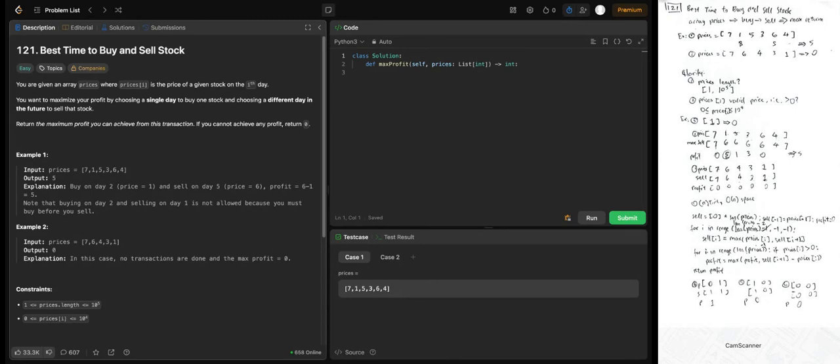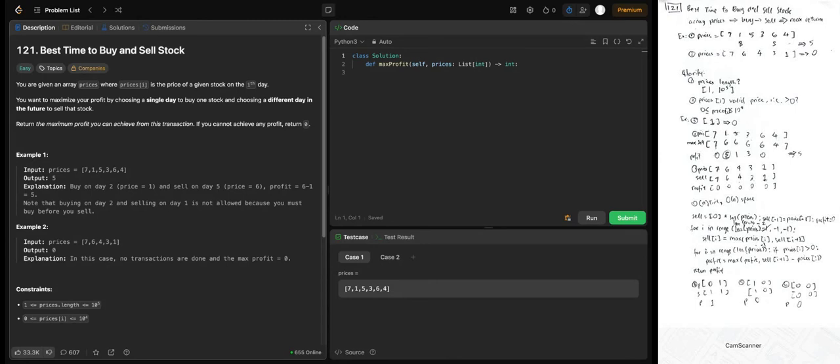Actually my iteration start point is wrong. It should be length of prices minus 2, because we have filled in the last one. Otherwise, if we use minus 1, then it will be out of access of the list.